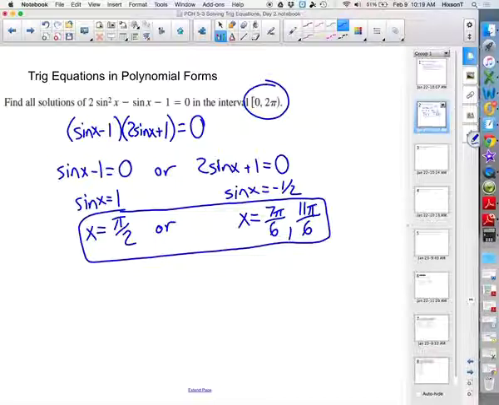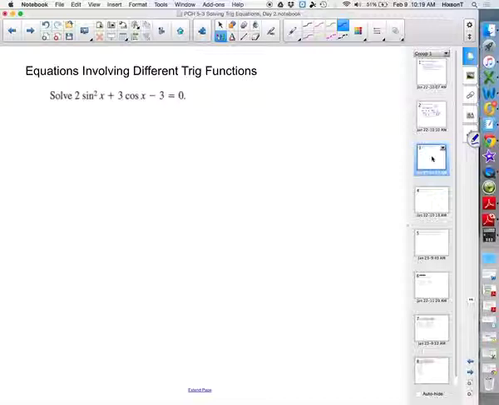Alright, so now let's take one extra step here, and here we have one that again is a quadratic form, but we have different trig functions. So here we have the equation 2 sine squared of x plus 3 cosine of x minus 3 equals 0. So now we actually have to do step 1 in our process.